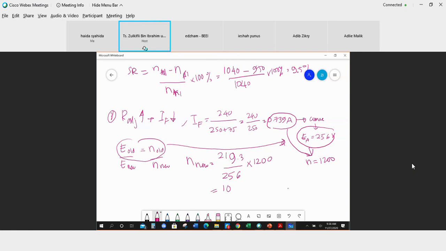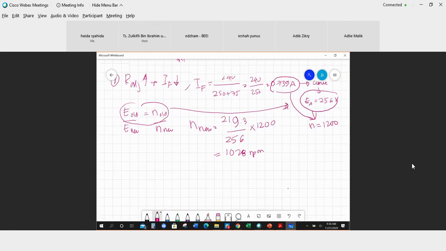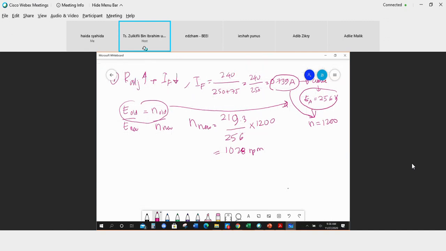So your speed will be 1028 RPM. So this is your new full load speed.